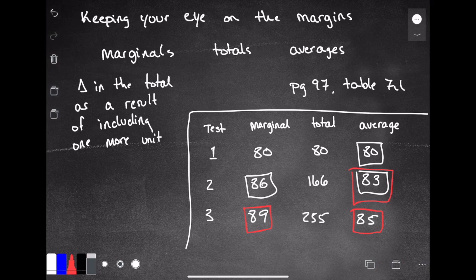Okay, so this gives us a rule that we can follow: if the marginal is greater than your current average, then the average will increase.